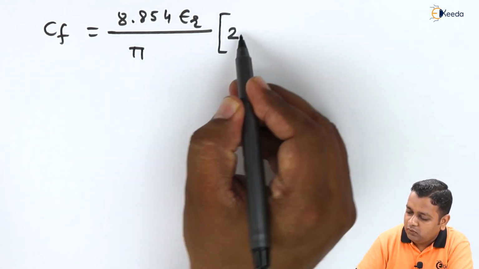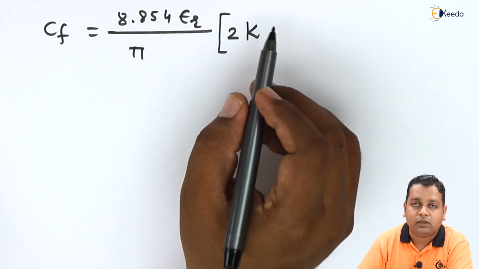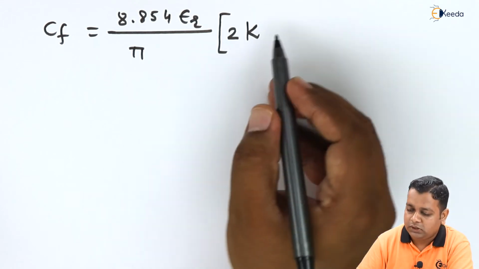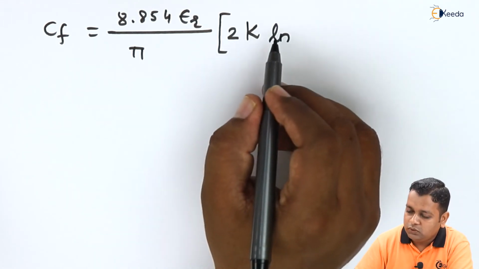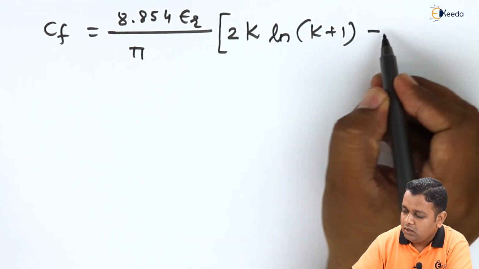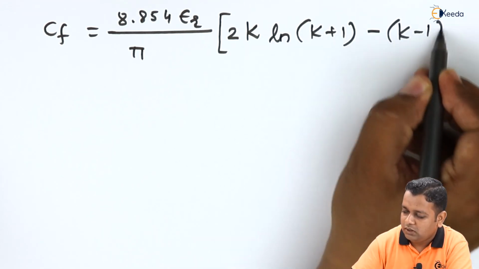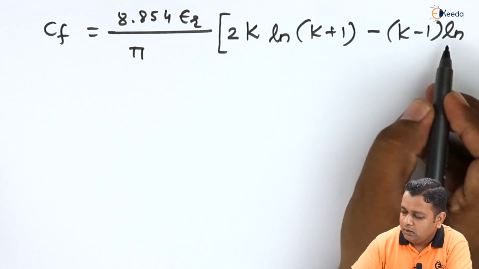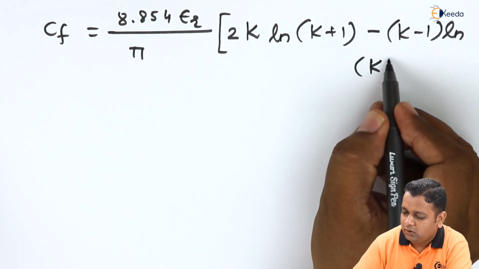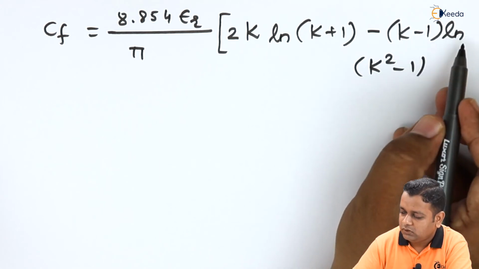The square bracket involves twice capital K, whose formulation we have just represented, in multiplication with the natural logarithm of K plus 1, minus K minus 1 times ln of K squared minus 1.